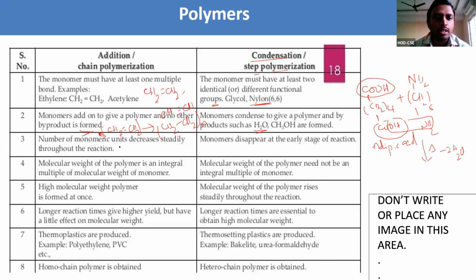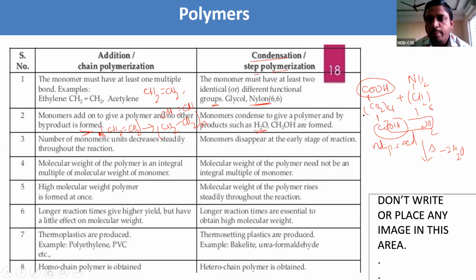In chain polymerization, the monomer is present constantly and decreases only later, but here, at the initial stage itself, the monomers are disappearing.